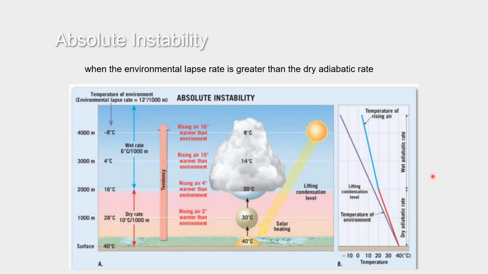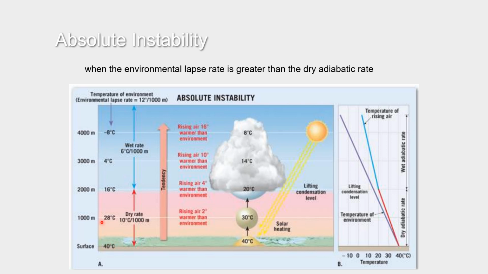The environmental lapse rate is very steep, or very high, and it's making the air unstable. Why is it making the air unstable? Because when the environmental lapse rate is greater than the dry adiabatic rate, the environmental lapse rate you can see here is 12 degrees per 1,000 meters. It's very steep, very high, because at the surface it is very hot because of the sun.